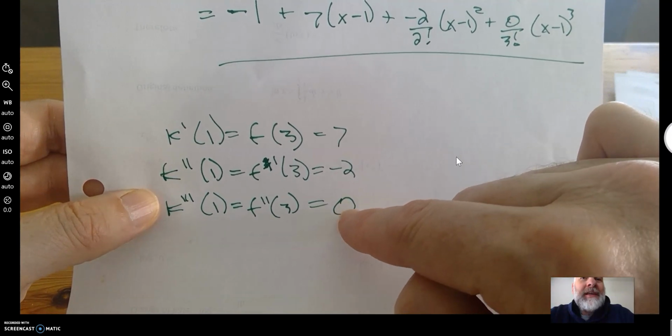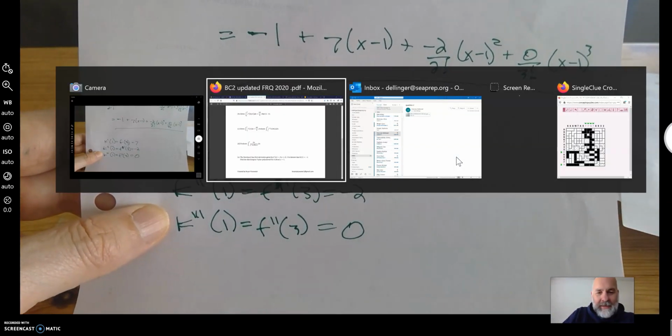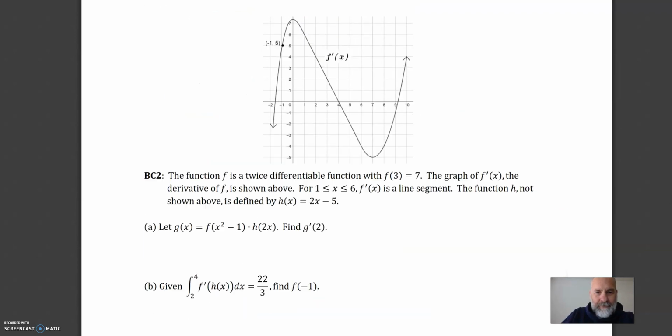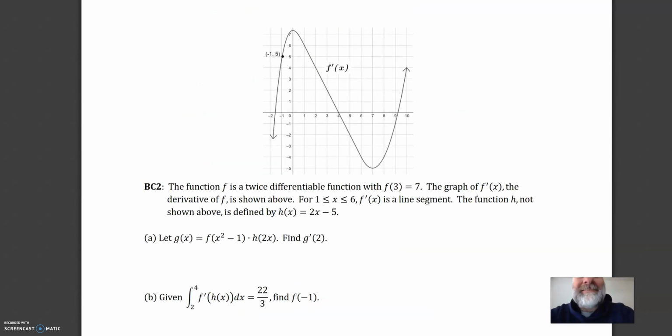Hold on a second. Did I do it again? I did it again. Man, this is driving me crazy. So I got to change my answers here. So f prime of 3 is equal to 2. Got to watch out for that. Which thing are you doing? And f double prime of 3 is negative 2.